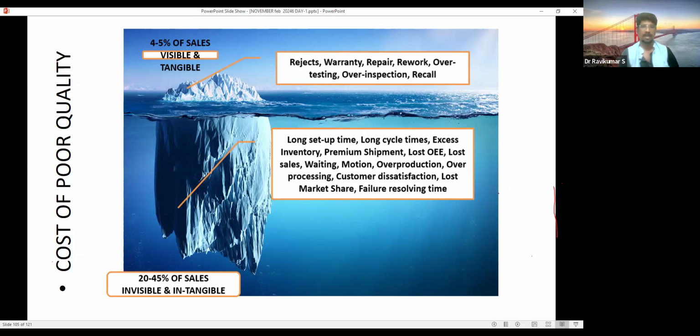I will play a video regarding this cost of poor quality external failure so that you will understand the impact.